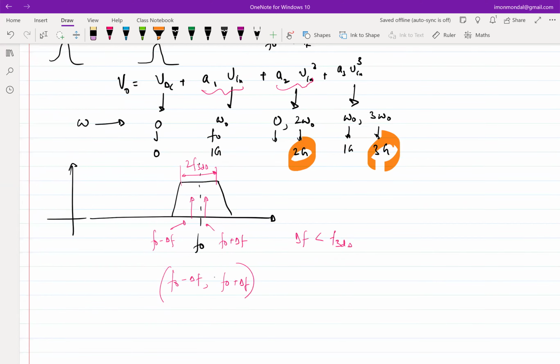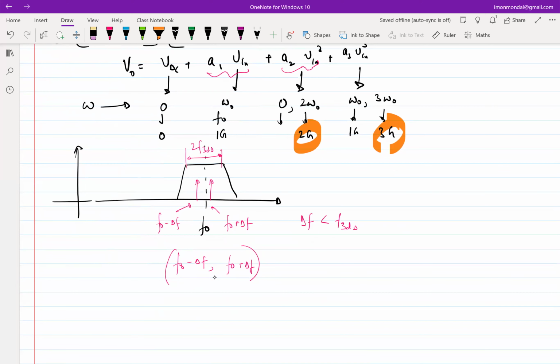This expansion will lead to what? You are going to get, so we can write it out fully.